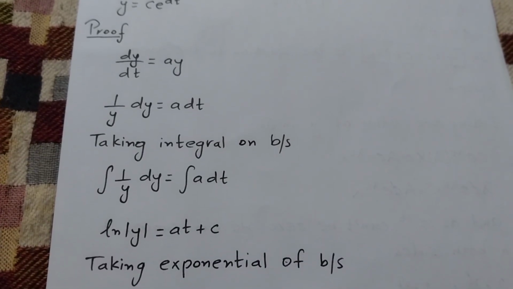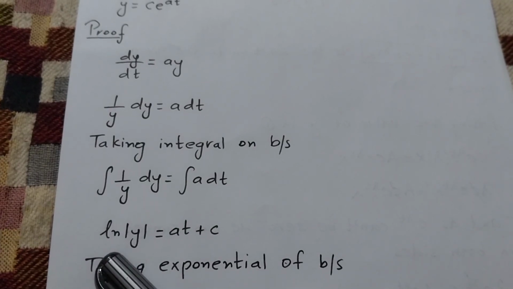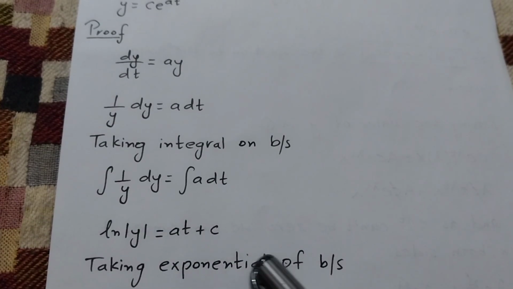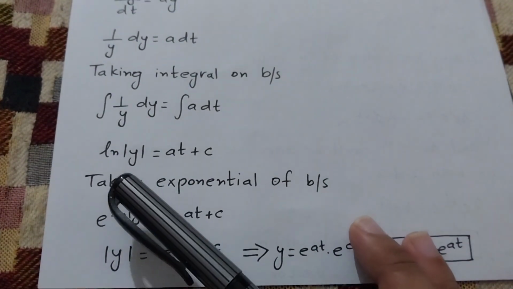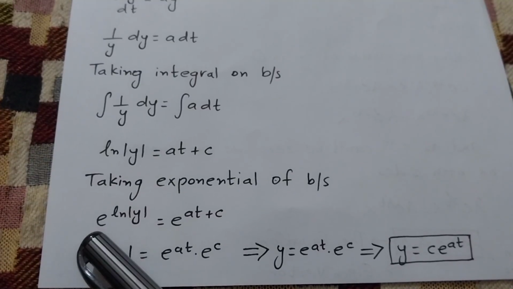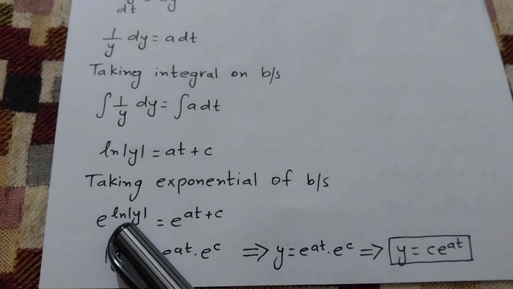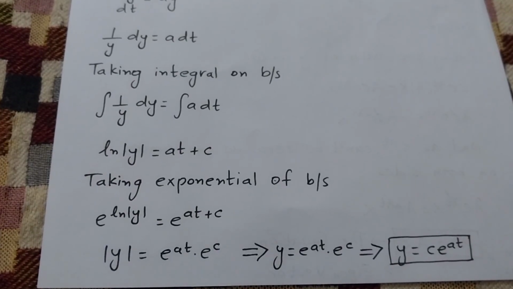So as we're interested in y, we don't need this natural log, so to cancel this natural log we need an exponential. So we take exponential on both sides. When we take exponential of both sides, the left hand side becomes e raised to power natural log of absolute value of y, and the right hand side becomes e raised to power at plus c.